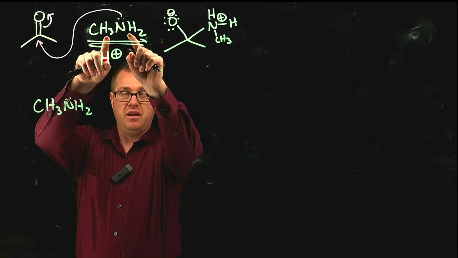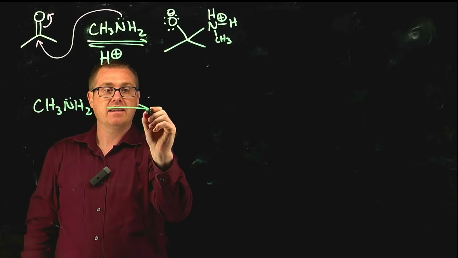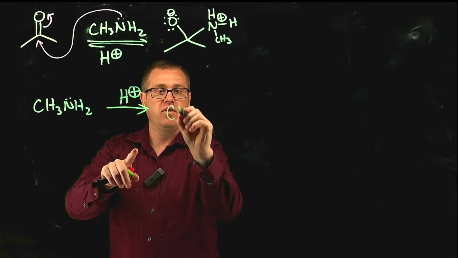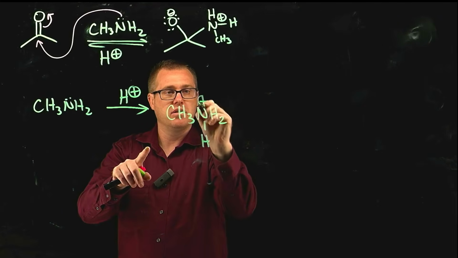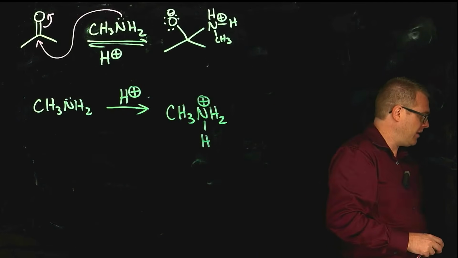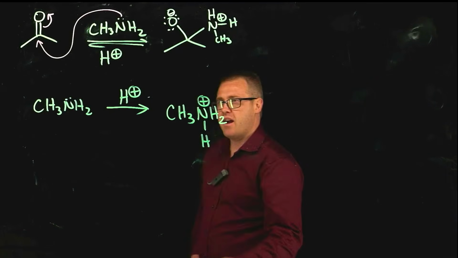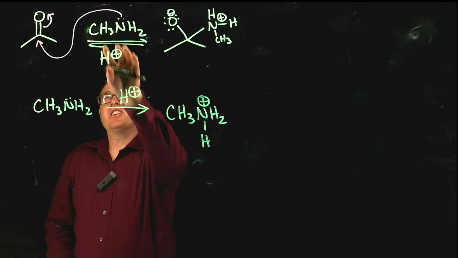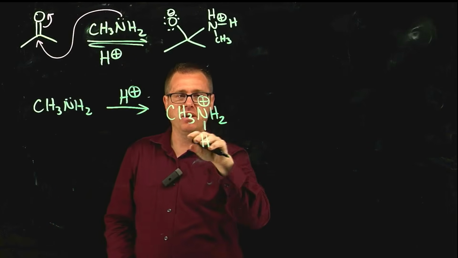So when you have this amine mixed with all this acid, what's going to happen? It's going to react almost irreversibly with the acid to form the ammonium intermediate there. So we have our ammonium ion here. When we add the acid, it doesn't go to the oxygen because of the primary amine. It's reacting with it to form the ammonium ion.